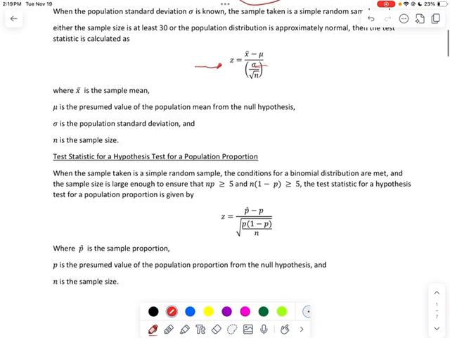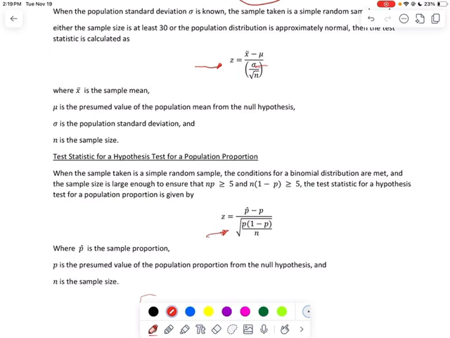Now the test statistic for the population proportion is again a familiar formula. You have used this before. Remember, P is the population proportion, and P hat is the sample proportion. What is the difference? Sample proportion often you have to calculate. Sometimes it is given, but most often the population proportion will be a given proportion.